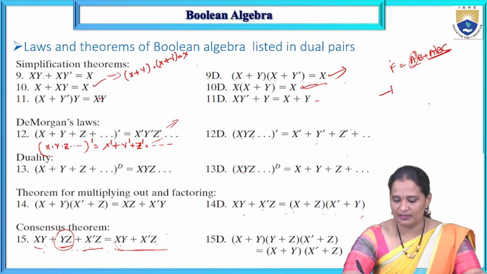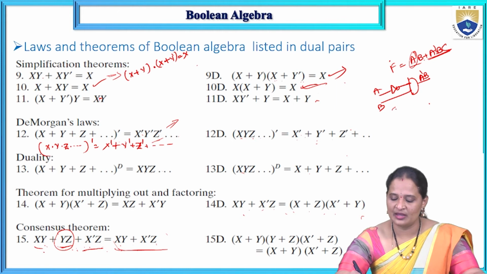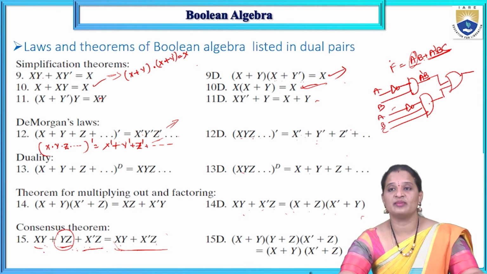So for example, implementing a bar b, the output of this one is a bar b, and similarly, we need a bar b c, and finally, we need an OR gate.